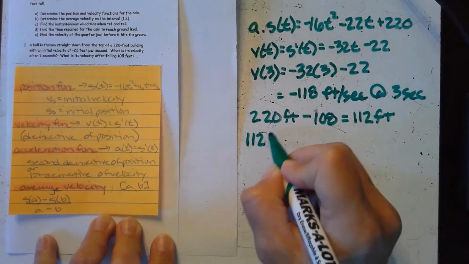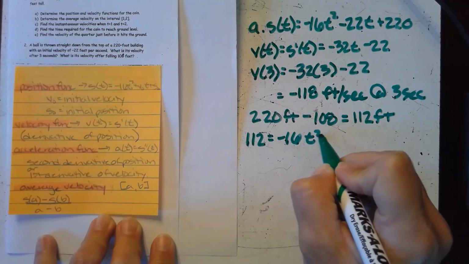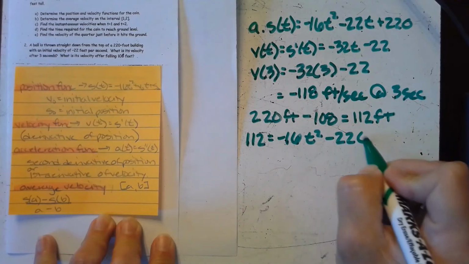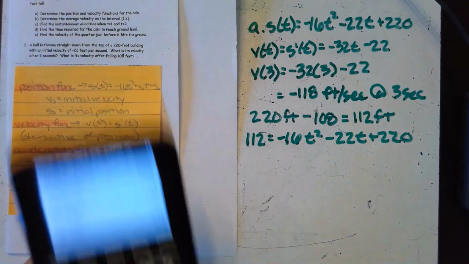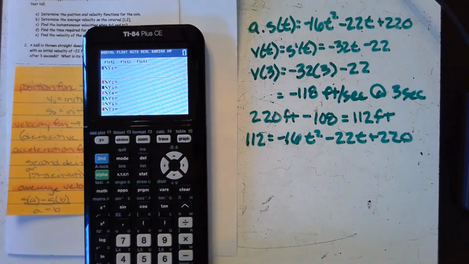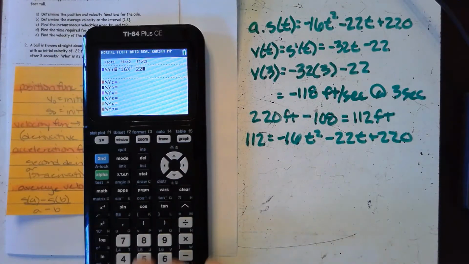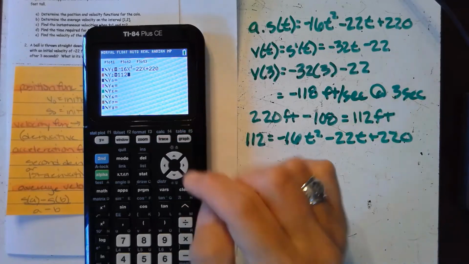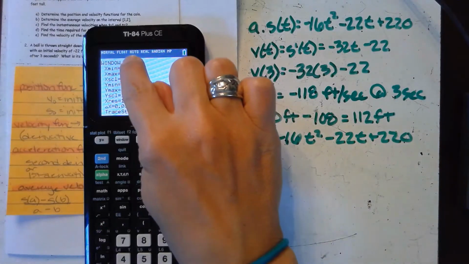So I've got to take the position function and set it equal to this right here. I'm going to take my calculator and go to y equals. I'm going to plug in negative 16x squared minus 22x plus 220 and then 112. Right now my window is -10 to 10. Set your domain.